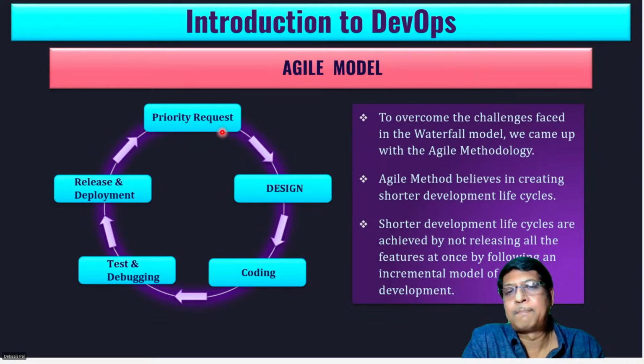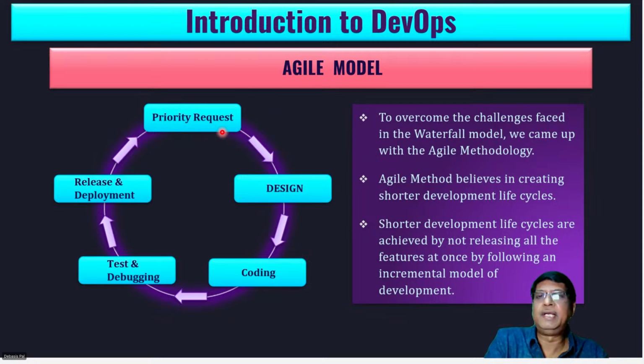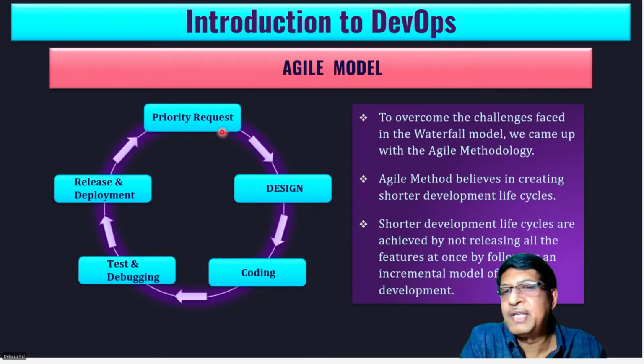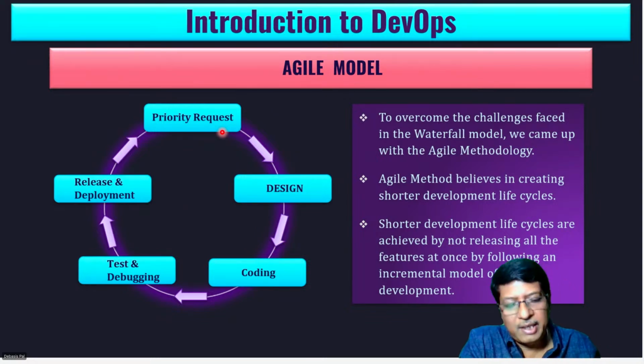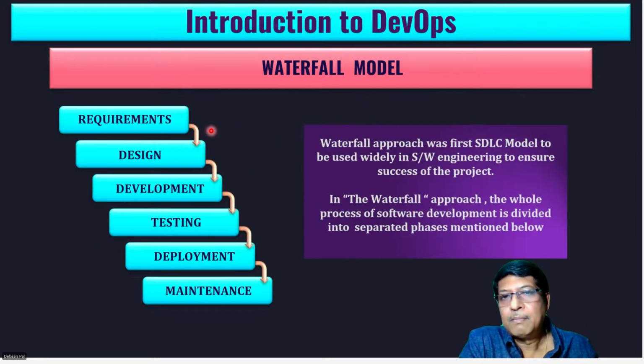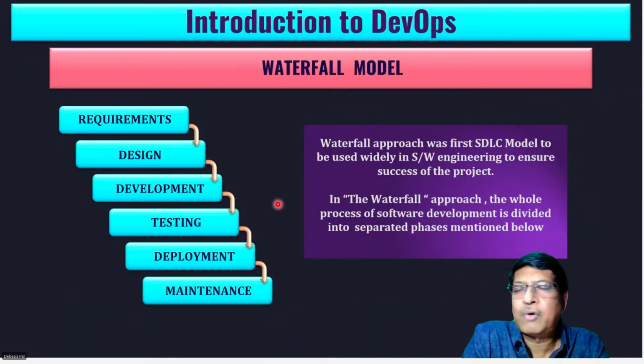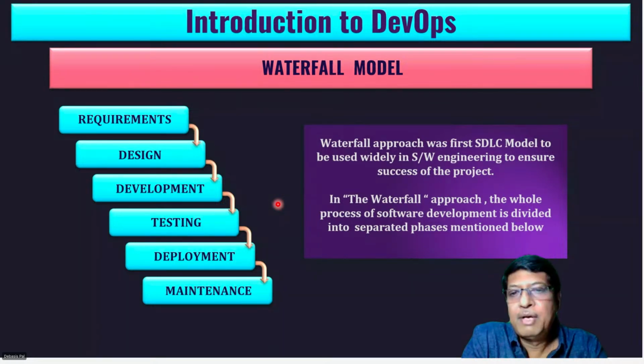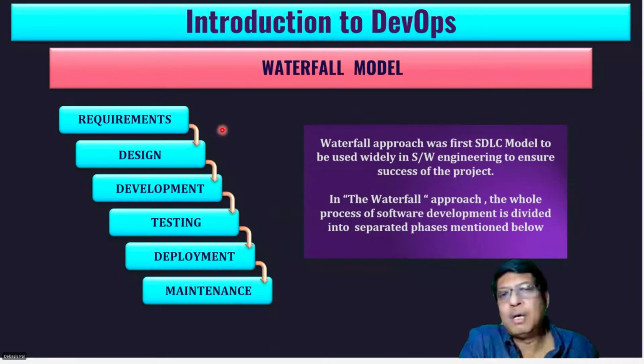And the one big advantage of an agile team is that there is no project manager. See, in a waterfall model, with a project manager, the design team and the development team had to make a lot of documentation, because based on the documentation, the client will be giving a go ahead.